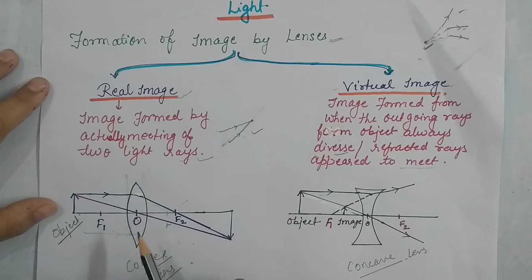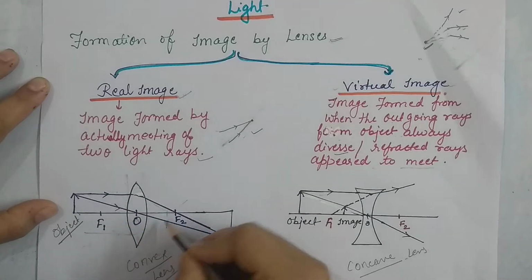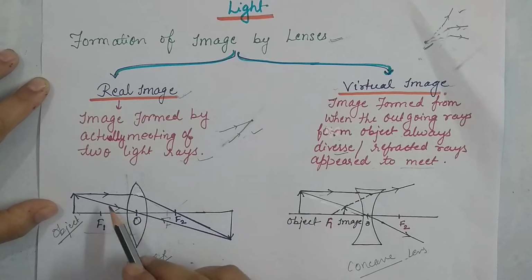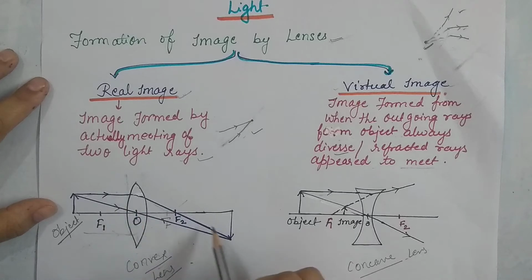So here we have taken two incident light rays. What we found is that after the refraction, these light rays actually meet. So here they form the real image.